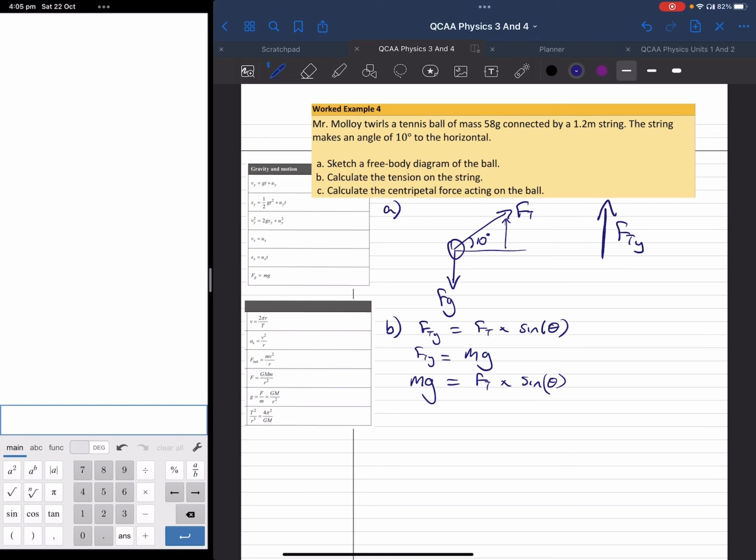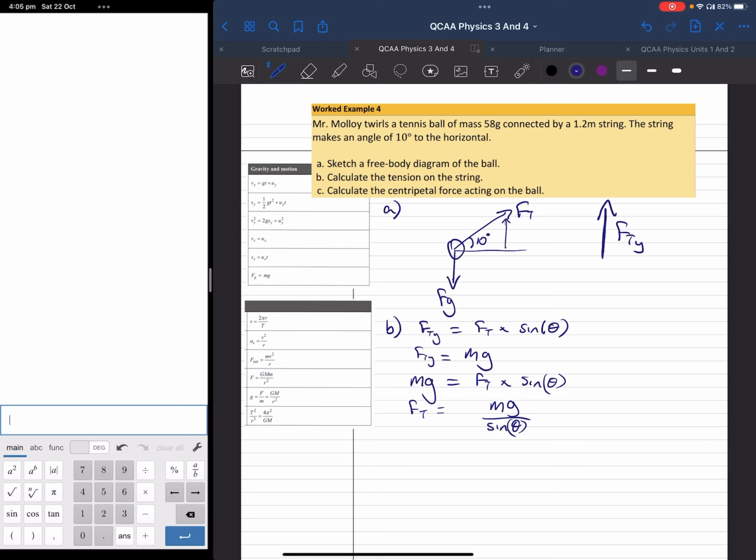and I'm ultimately trying to find the force of tension, so I should rearrange to make that the subject. If I divide both sides by sine of theta, I get the force of tension is equal to mg over sine of theta.